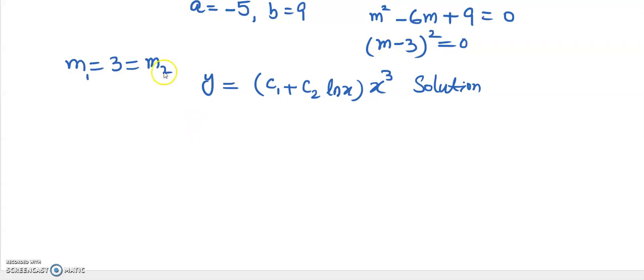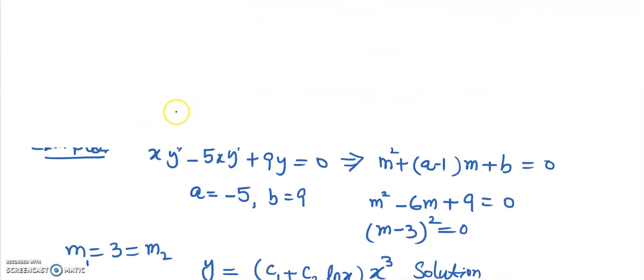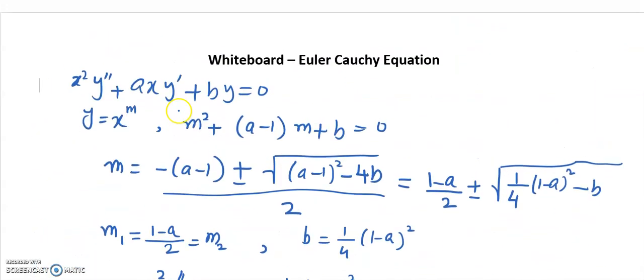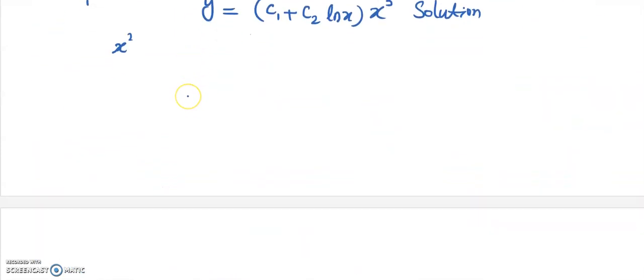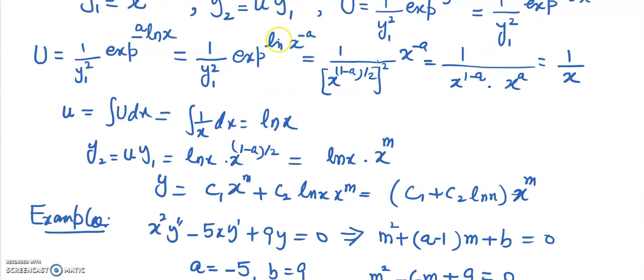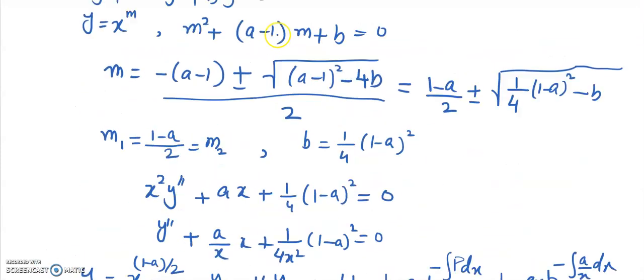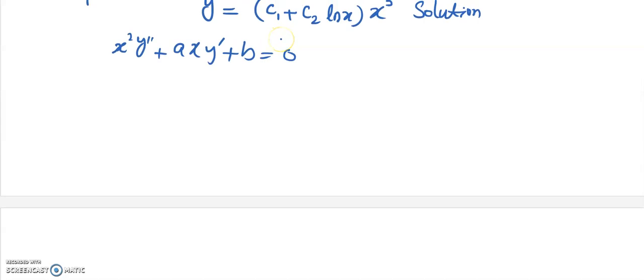The Euler Cauchy equation is this one: x squared y double prime plus a x y prime plus b y is equal to 0.